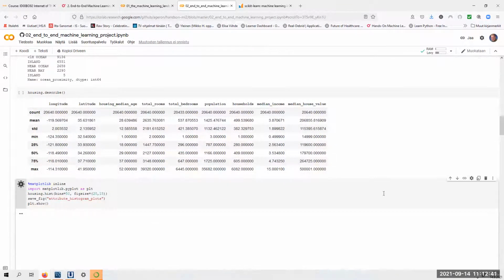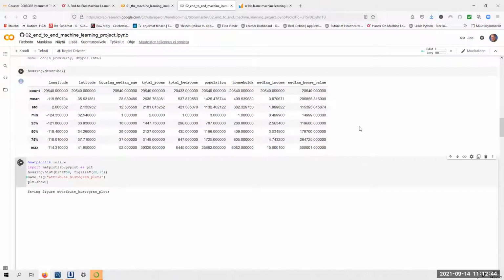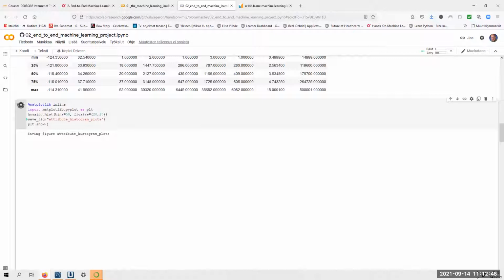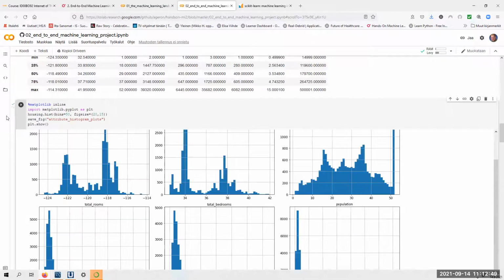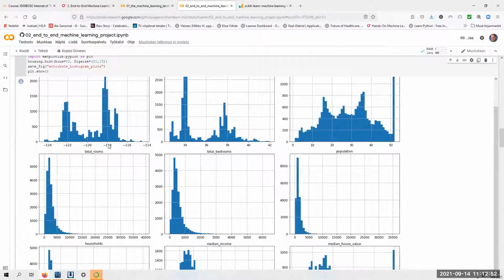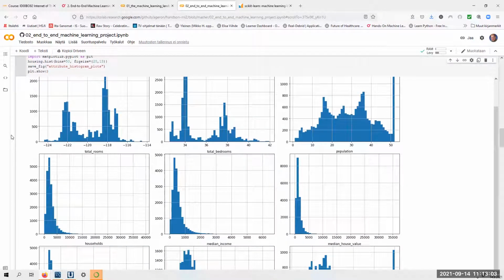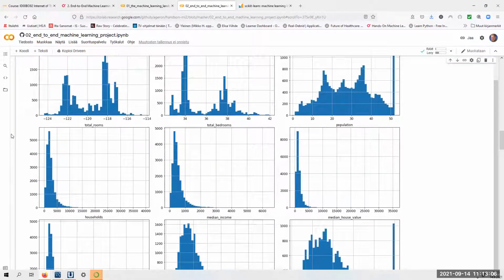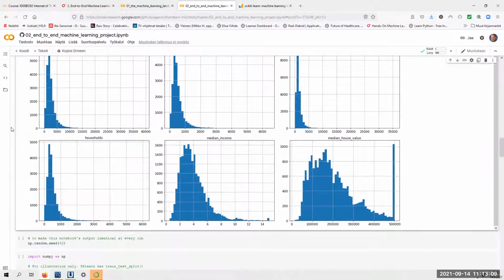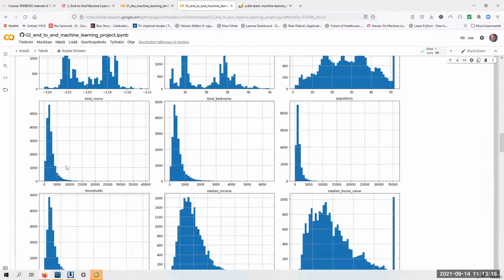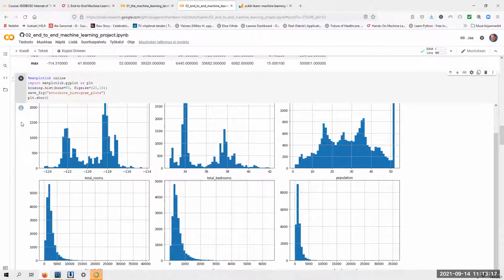And Matplotlib is a plotting tool, where it takes some time, but here you see histograms of different variables. Now I don't exactly understand the axis scales.